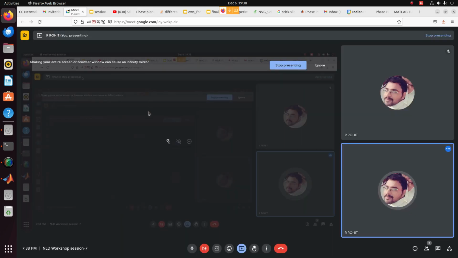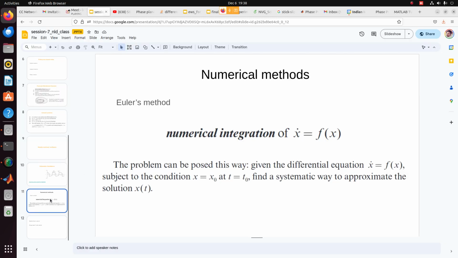For that, we will start with basic numerical integration, because in nonlinear dynamics you need to know numerical integration to plot the different dynamical sets of equations. The initial basic method which you need to know is called Euler's method.